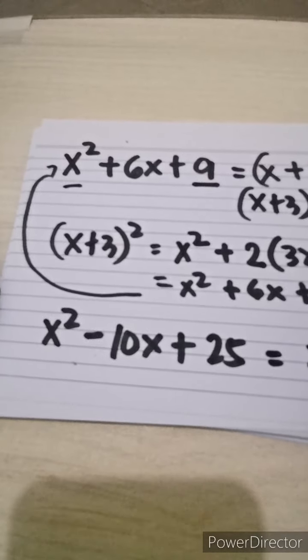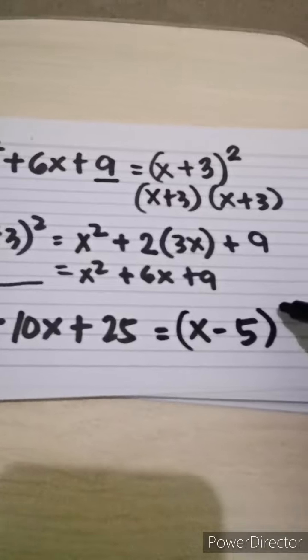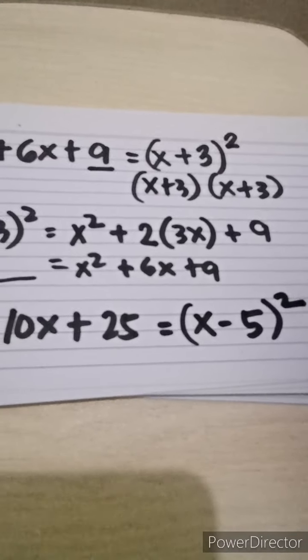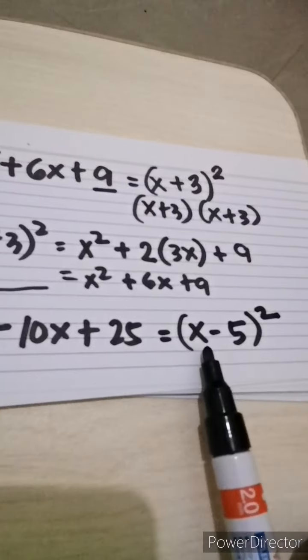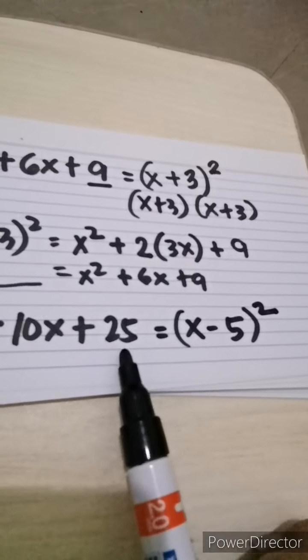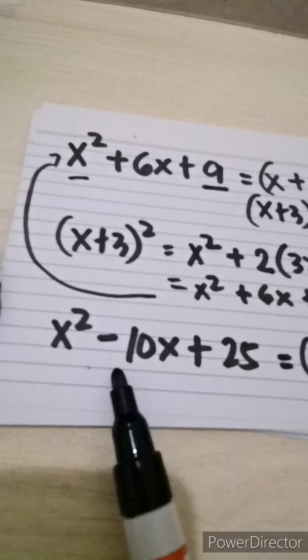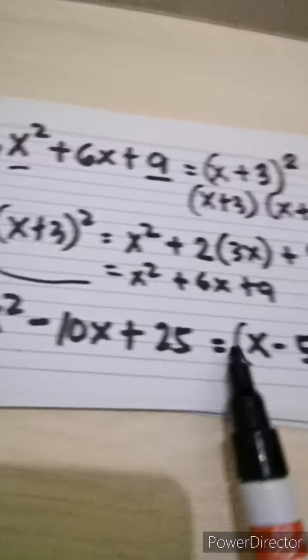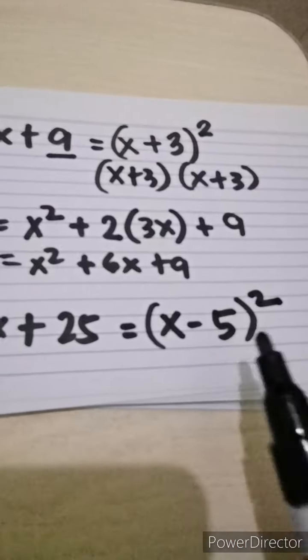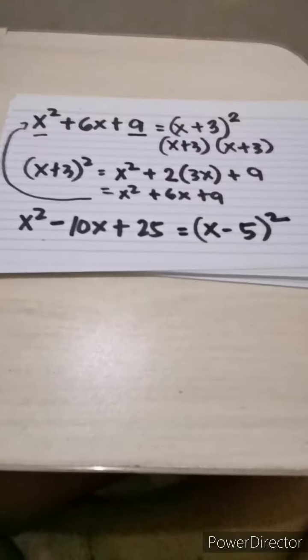Square root of 25 is 5. Then, just copy the sign in the middle term and raise to 2. Again, kinuha natin ang square root, which is x, square root of 25, which is 5, and then just copy the sign in the middle term, which is negative. Kaya siya naging negative dito, then squared lang natin.